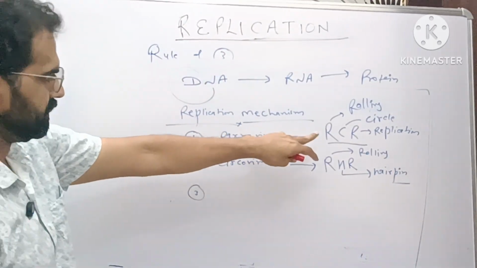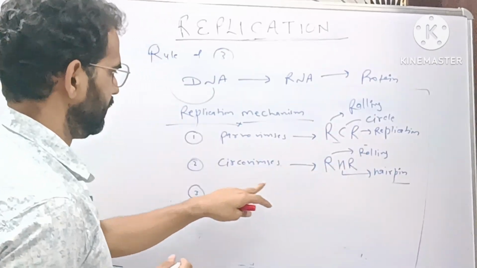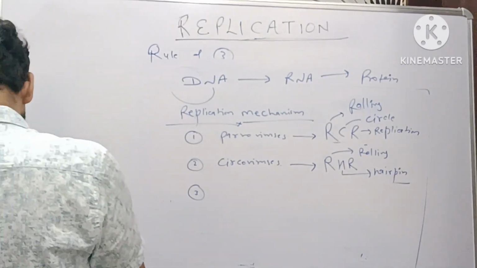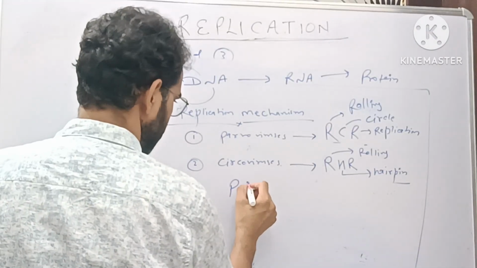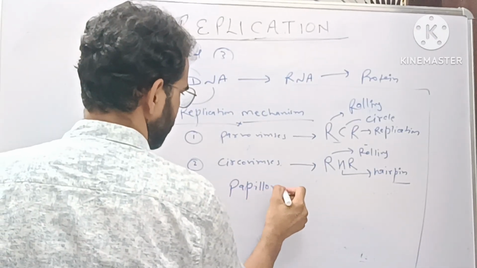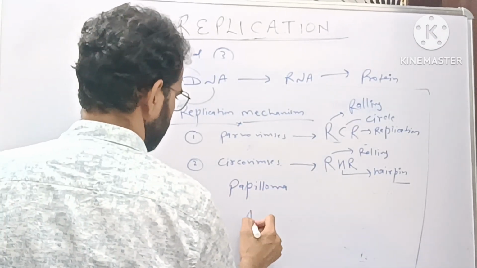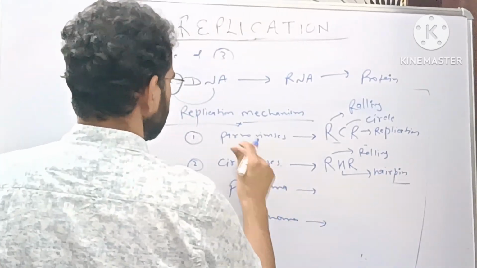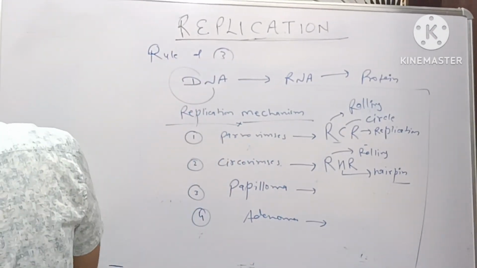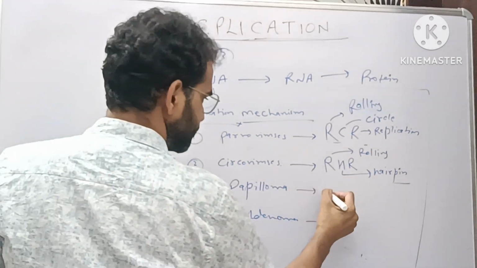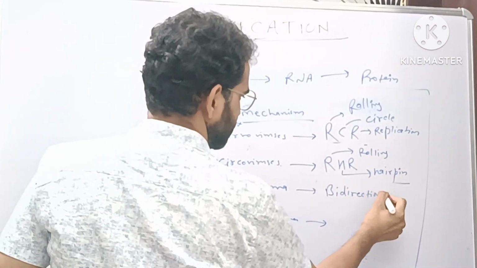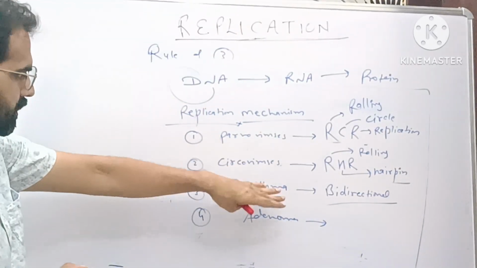Then we have papilloma viruses, and number 4 is the adenoviruses. Papilloma replicates by bidirectional replication.